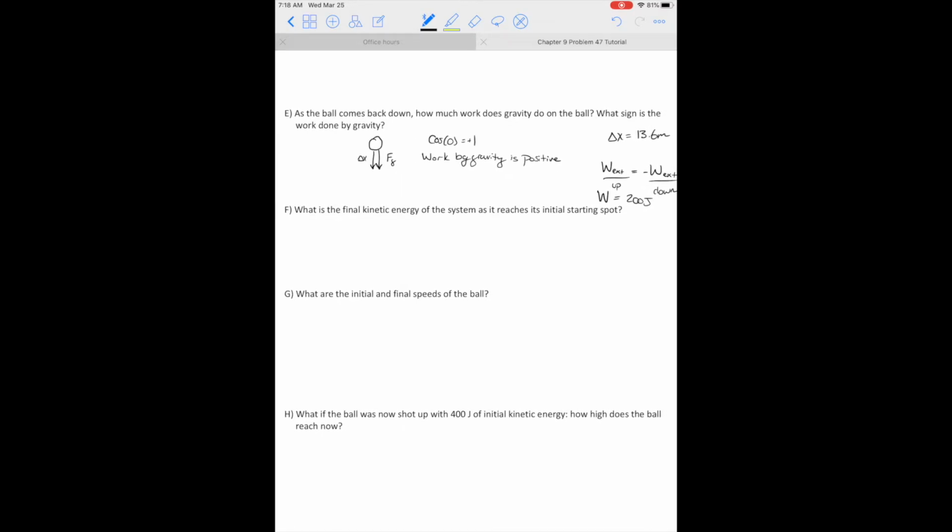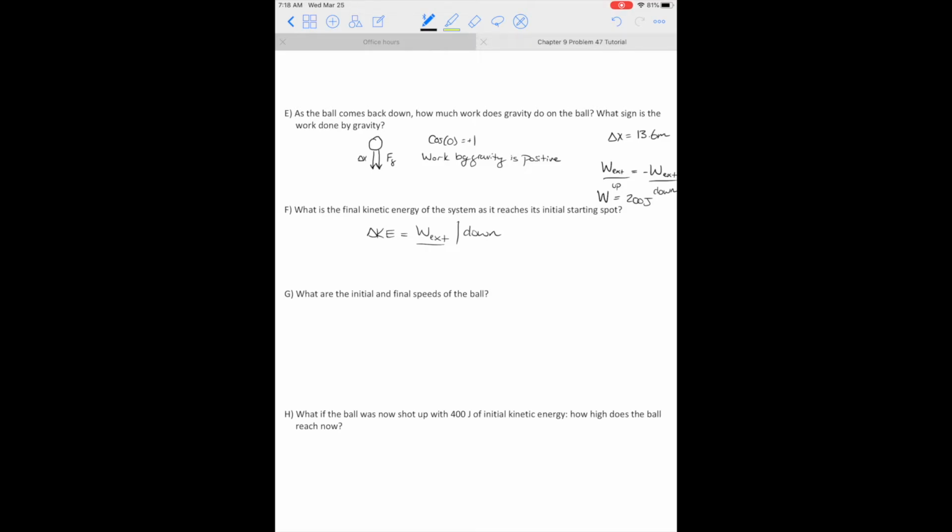What's the final kinetic energy of the system as it reaches the initial starting point? Well, again, change in kinetic energy equals work done externally. But now we're saying it's down, right? We said that the work done external is 200 joules. Change in kinetic energy should be 200 joules, final minus initial.